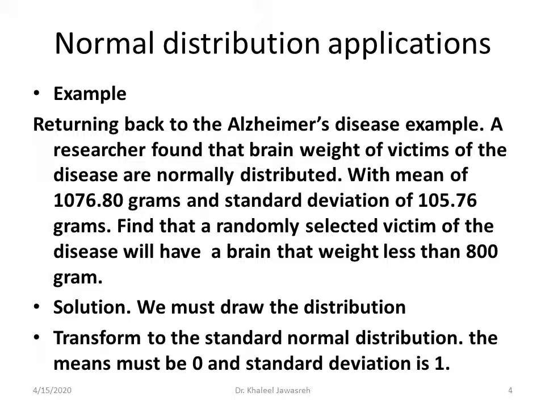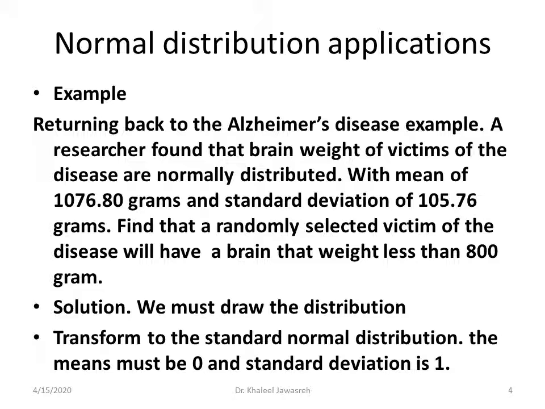What's the probability, if we pick randomly a victim of Alzheimer's disease, that their brain weight will be less than 800 grams? This is how we can summarize the question, because you do need to analyze it before commencing the solution.